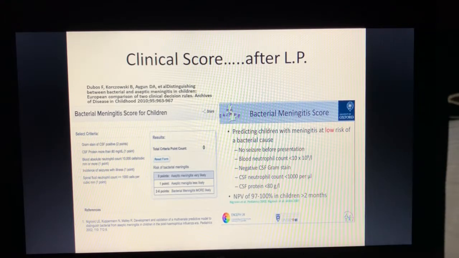The sensitivity is 100%, but the specificity is only 52%.